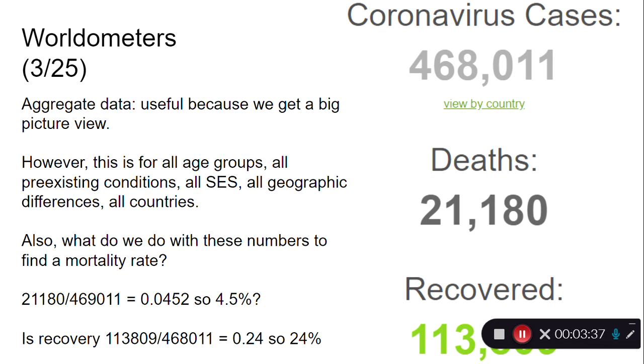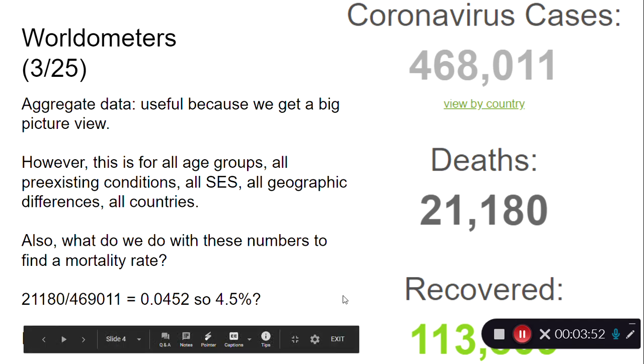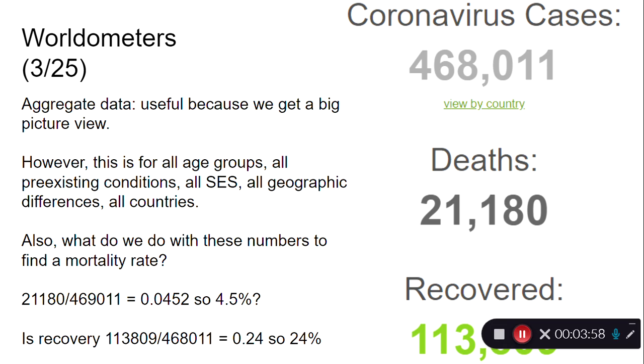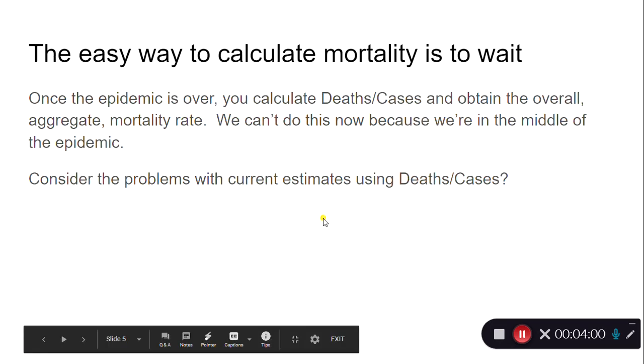And the recovery number should make you suspicious. Wait a minute. If 4.5% die and 24% recover, what happens to everybody else? Yeah. So the recovery number, which nobody's reporting, of course, because it's a silly percent, kind of tells us why the mortality rate, when calculated in this fashion, is also a little silly.